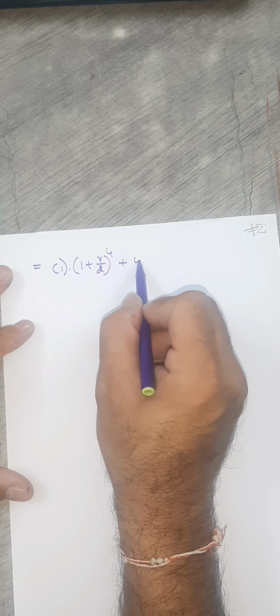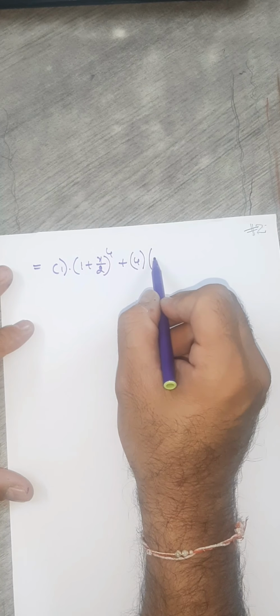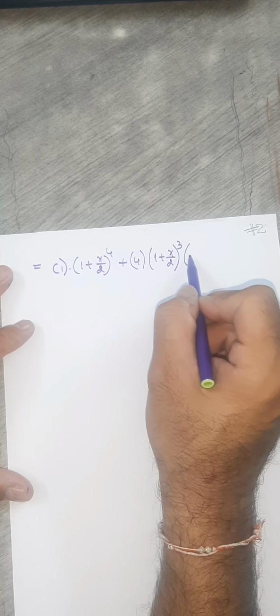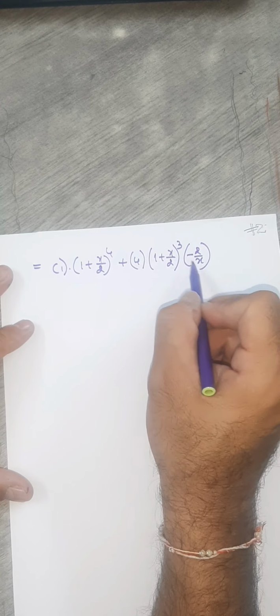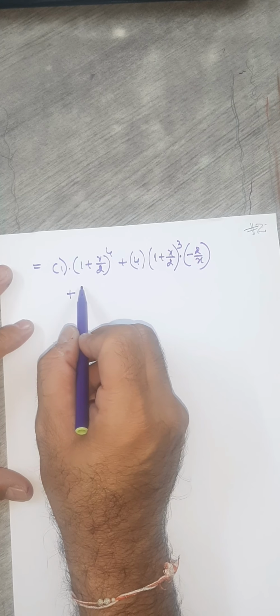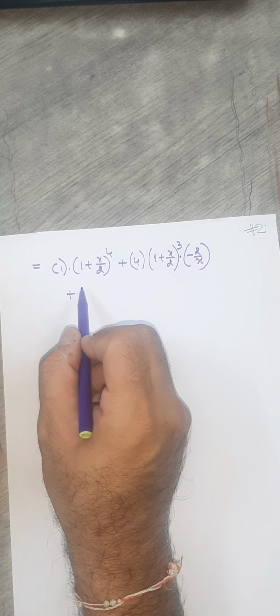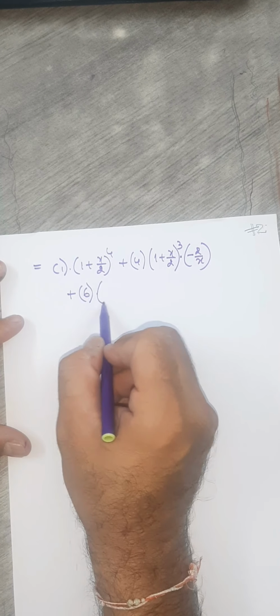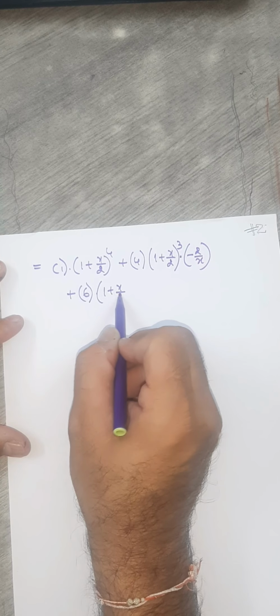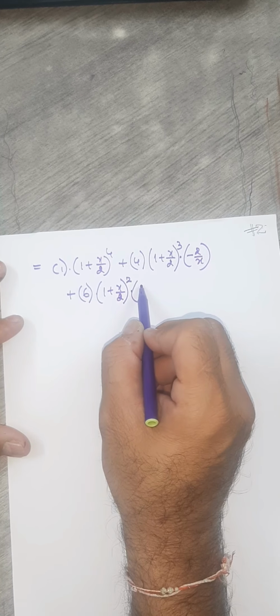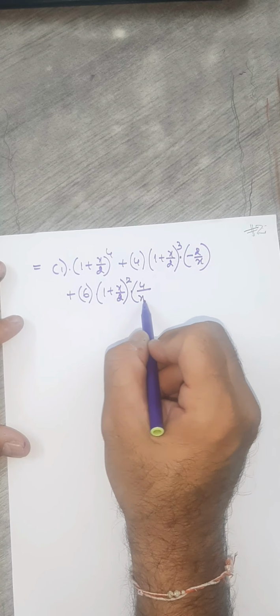What is 4C1? It is 4. I'll keep (1 plus x by 2) the whole cube as it is, into minus 2 by x. What is 4C2? Just recall, it is 6. 4C2 into (1 plus x by 2) the whole square, into, the whole square, so 4 by x square.